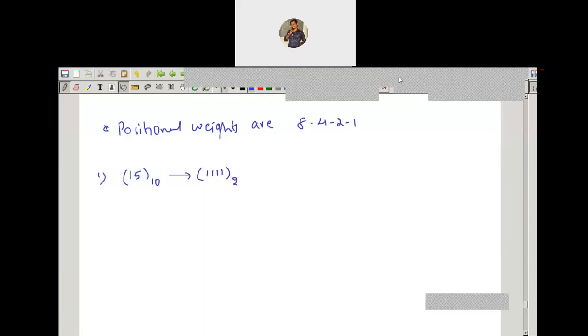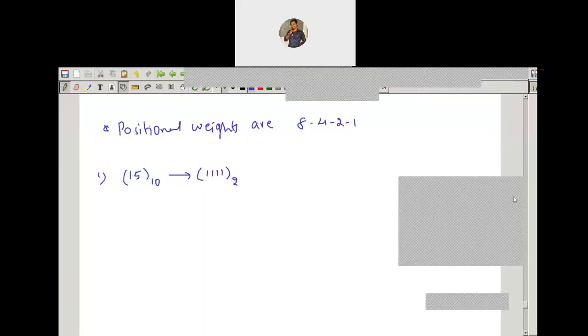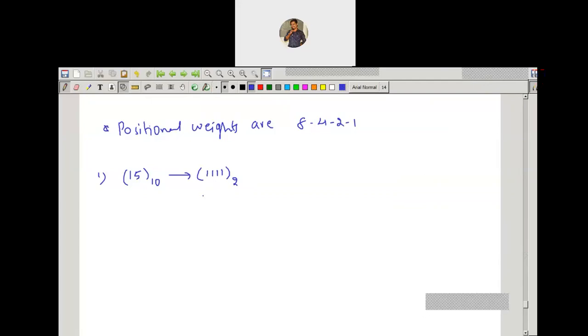So there is a difference between the normal binary form and the BCD form, right? Here we can represent the decimal number 15 in binary form as four ones: 8 place, 4 place, 2 place, 1, which is 15, right?